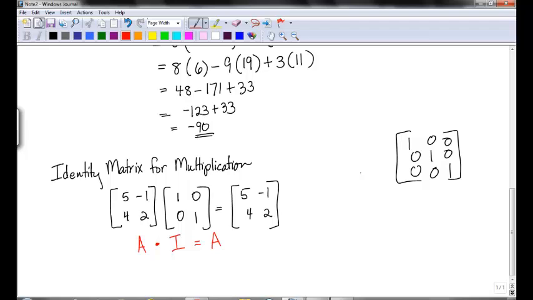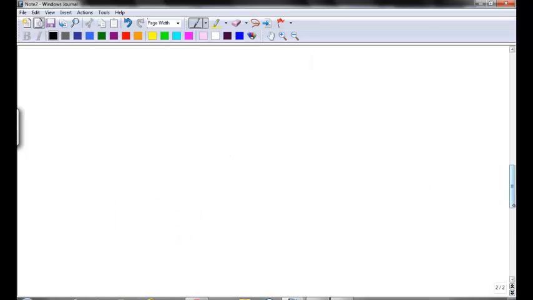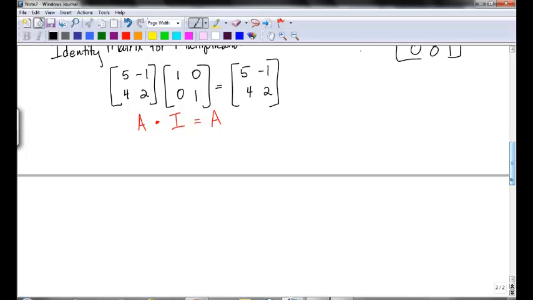Then let's look at multiplicative inverses. First, let's look at multiplicative inverses for reals. There's that word again, multiplicative inverses for reals.